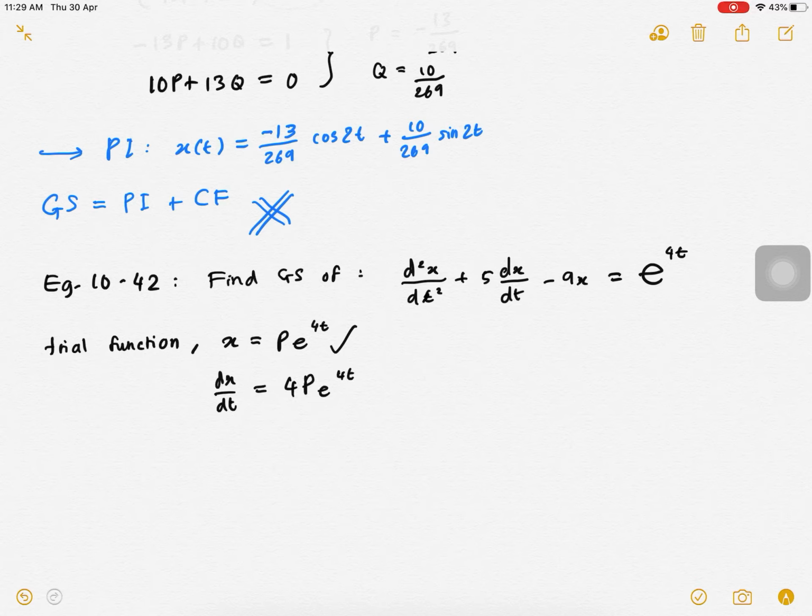Pretty simple. And also the second derivative. Okay, so easy. We just put everything back into this differential equation, so we will get this function.